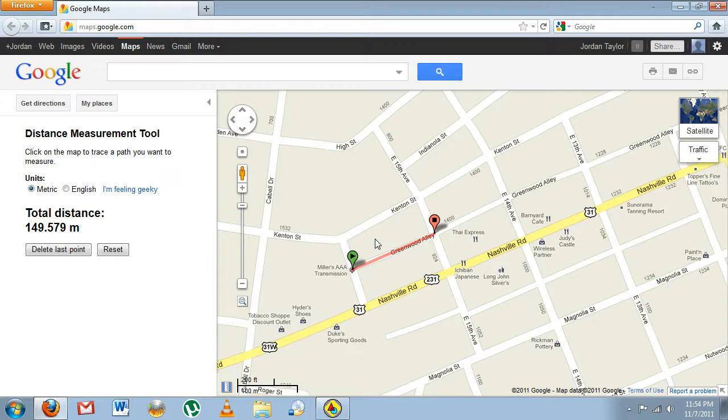Once they've physically measured that, we will come back and mathematically determine the distance. We're going to look at the proportion compared to the physical value, and we're going to see how accurately we've measured and how accurate Google Maps even is.